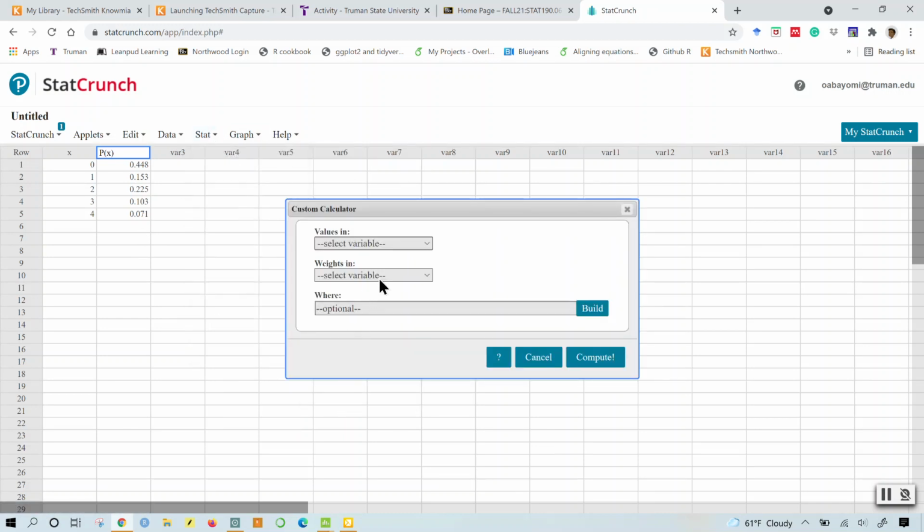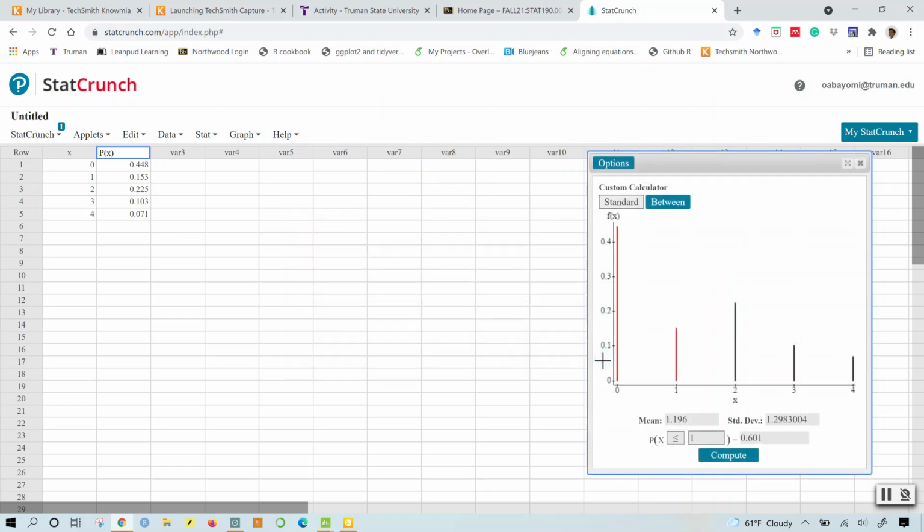Click on that. I'm going to select my values are stored in X, as you can see, and the weights are stored in the probabilities of X. So I'm going to go ahead and hit the compute button.